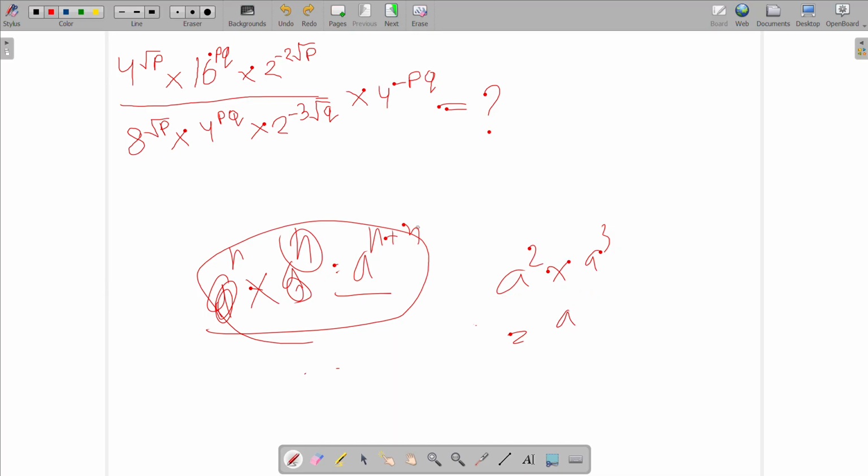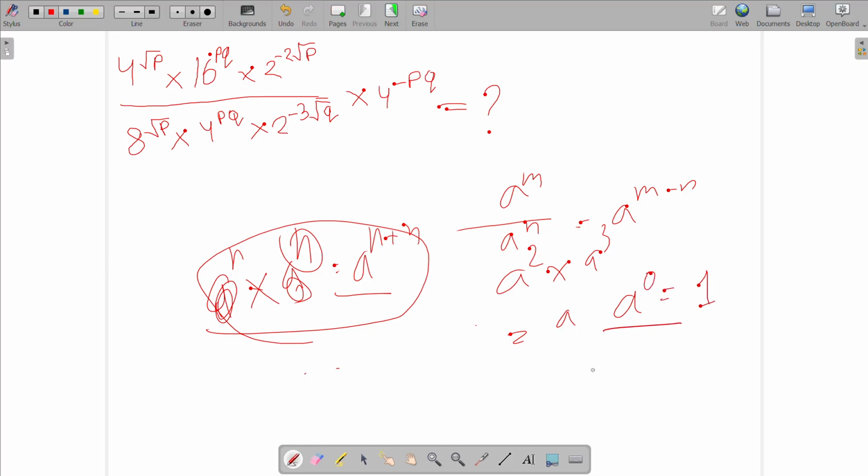When the operation is division, the powers are reduced, from the bottom to the top. That means a to the power m minus n. Whenever you see that the power is equal to 0, then we put 1.